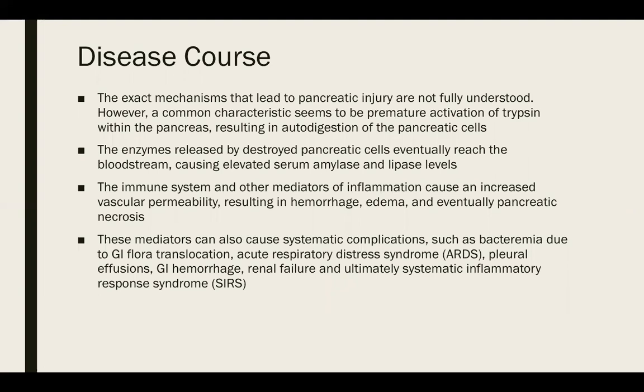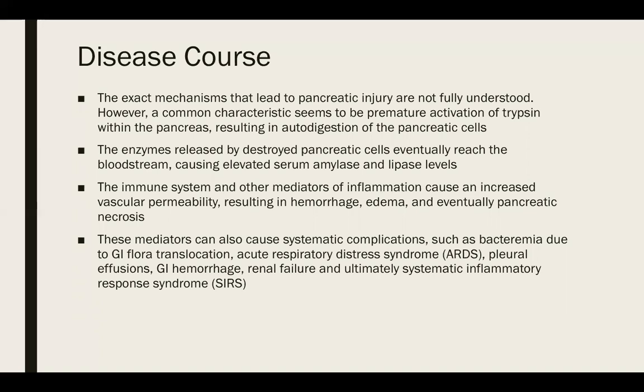All right, to talk a little bit about the disease course, the exact mechanisms that lead to pancreatic injury are not fully understood, but there is a common characteristic. There seems to be premature activation of the enzyme trypsin within the pancreas that results in autodigestion of the pancreatic cells. The enzymes released by destroyed pancreatic cells then eventually reach the bloodstream, causing elevated serum amylase and lipase levels.